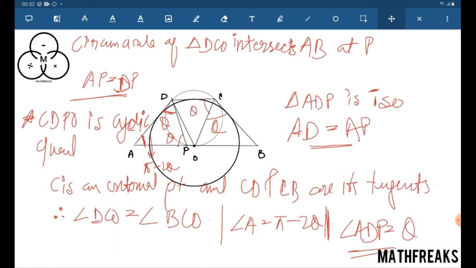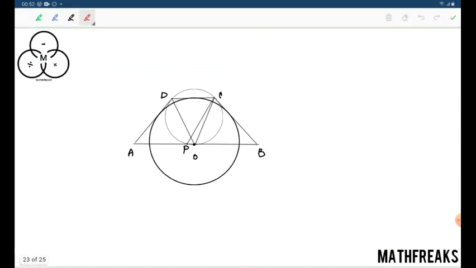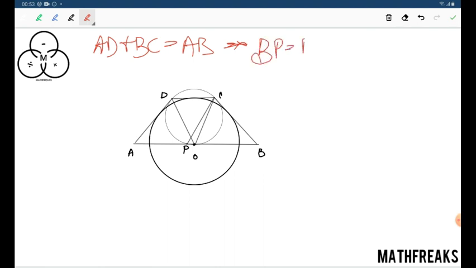Now we have proved that AD equals AP, and we need to prove AD plus BC equals AB, which implies that now we need to prove BP equals BC.